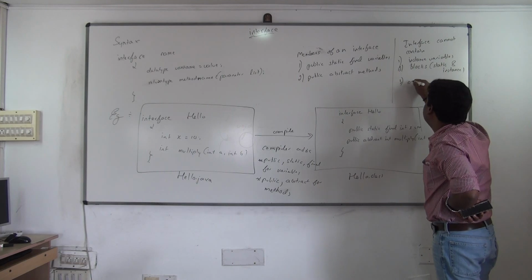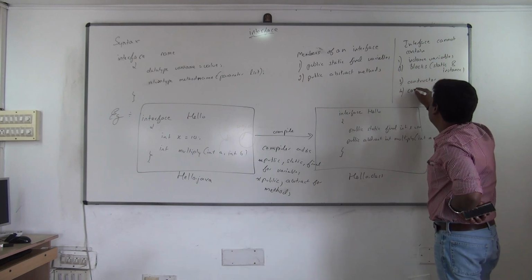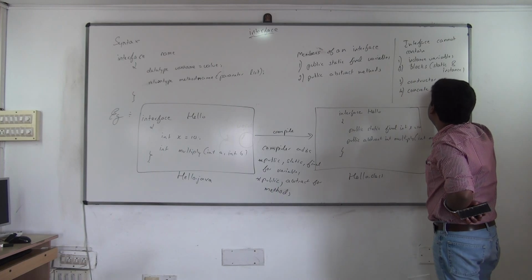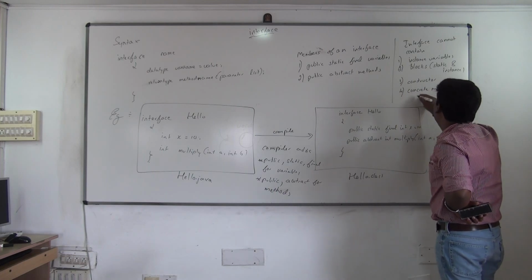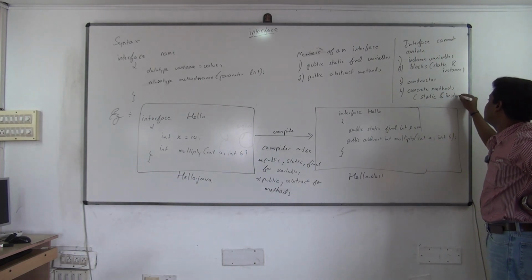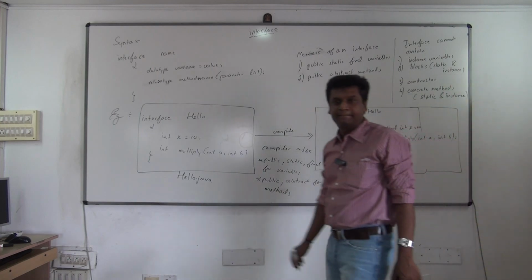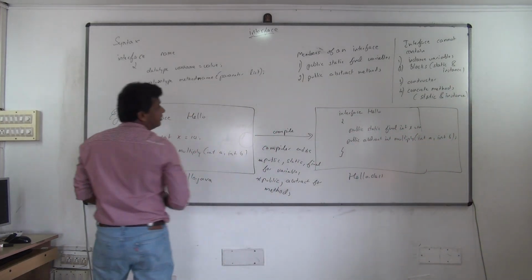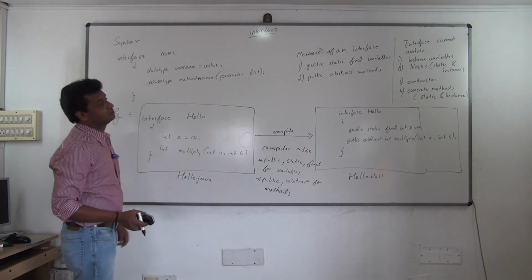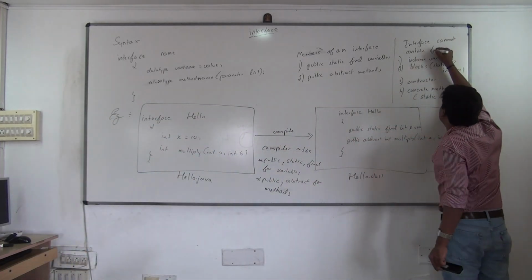Third, constructor. Fourth, concrete methods. Now, concrete methods are of two types, static and instance. So these are the members your interface cannot contain. Clear?